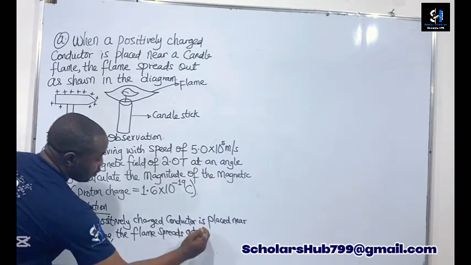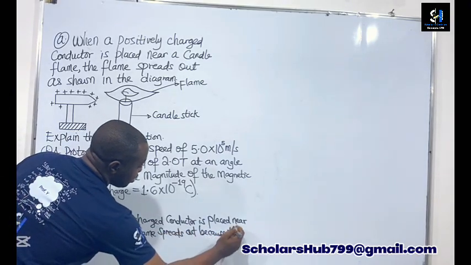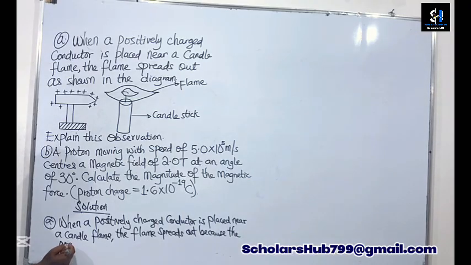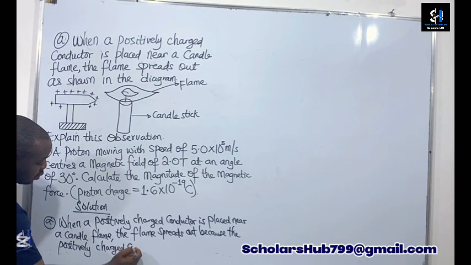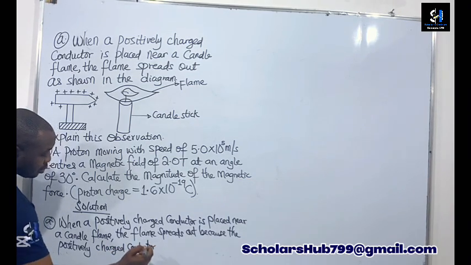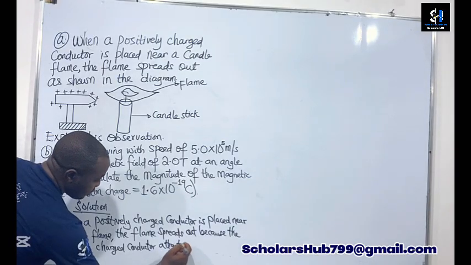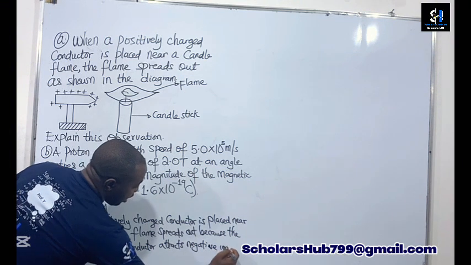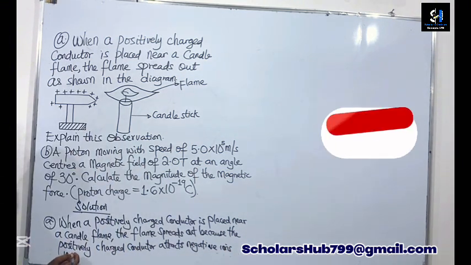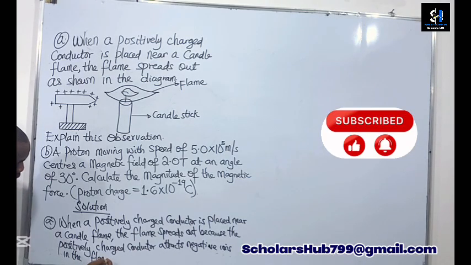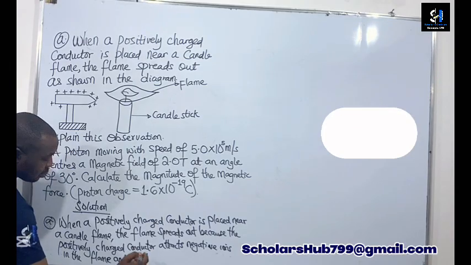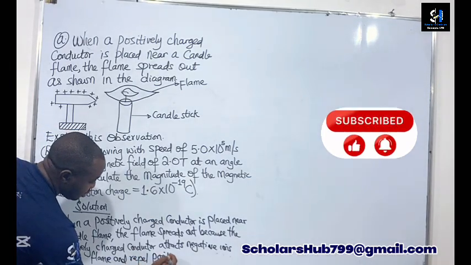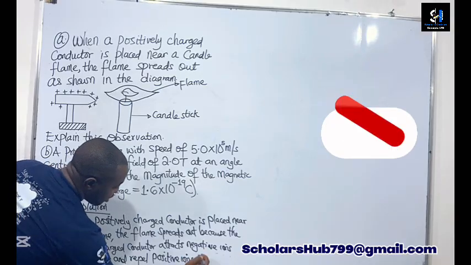The flame spreads out because the positively charged conductor attracts negative ions in the flame, and repels positive ions in the flame.